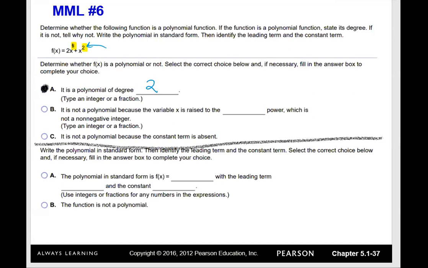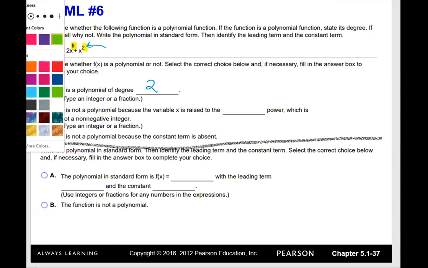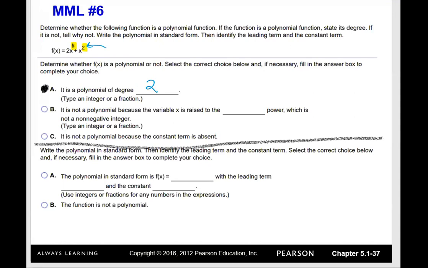The only thing wrong with it is it's not in descending order. So I would simply write the x squared first and the plus 2x second. That means the leading term is the x squared. And the constant, I don't see a constant, so you'd say it's a 0. And that's all they wanted me to do on that. Yep, that's it.